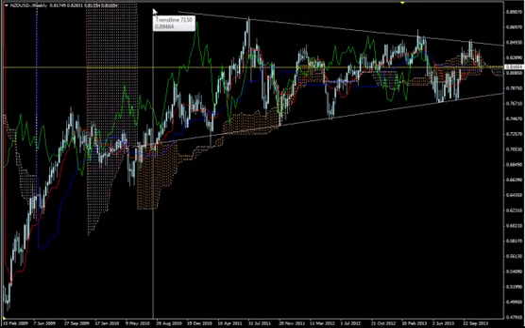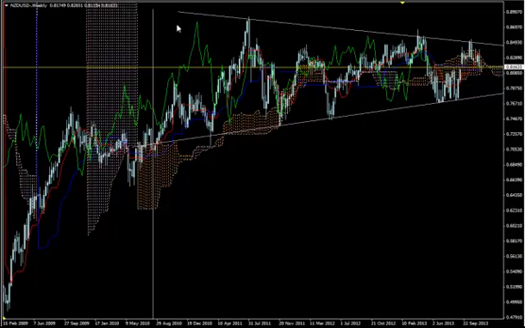Let me calculate: 894 minus 713, 181 pips, 180 pips. They might be 200, but I disregarded this part here.